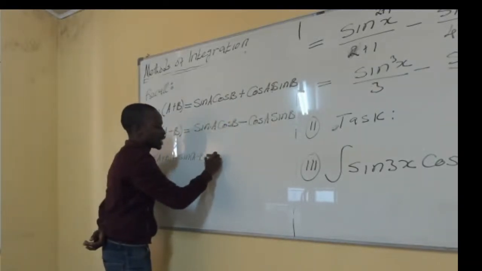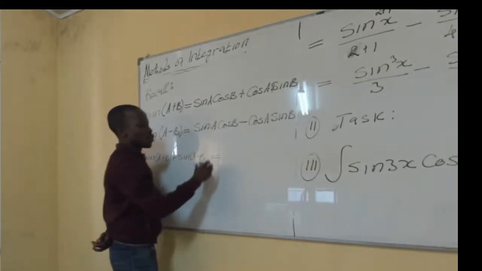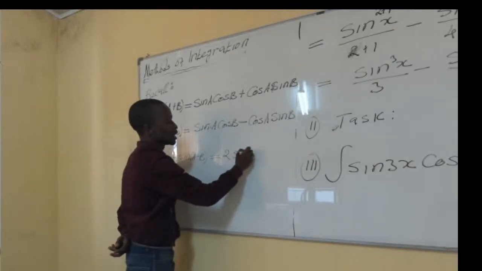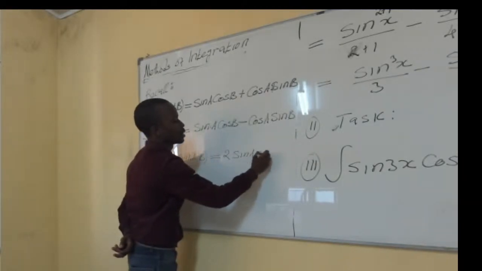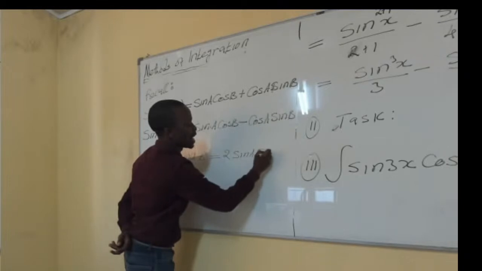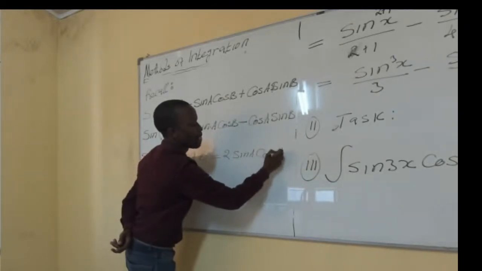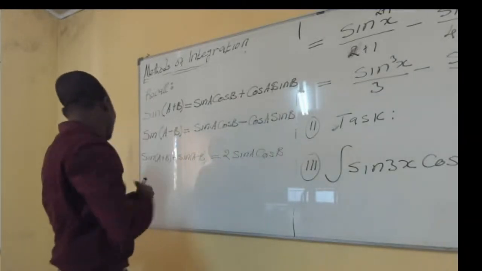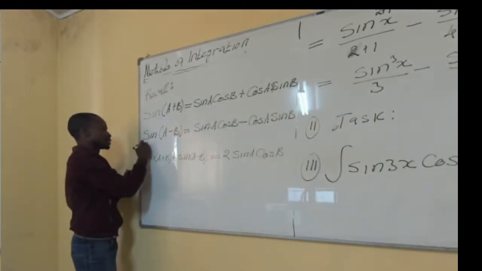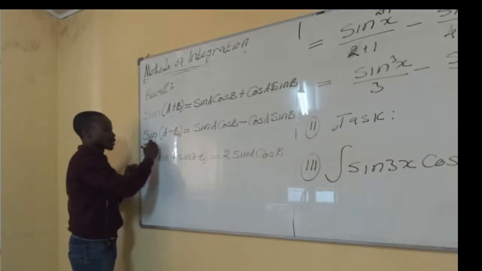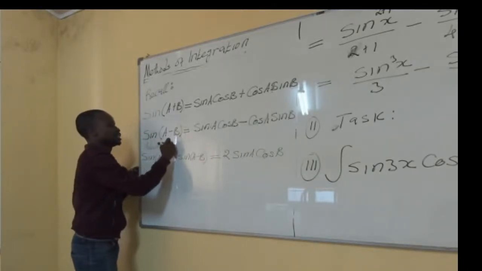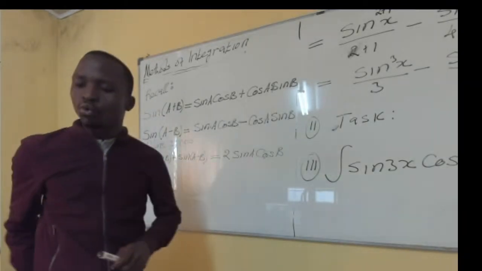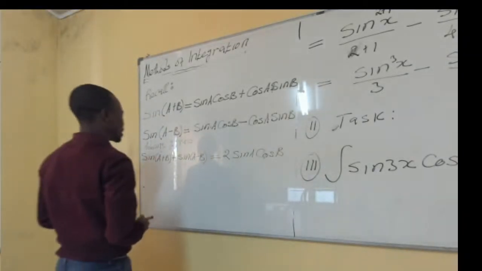So in general, when you add these two, what you're going to get is 2 sine A cosine B. When you add, this is what you're going to get.